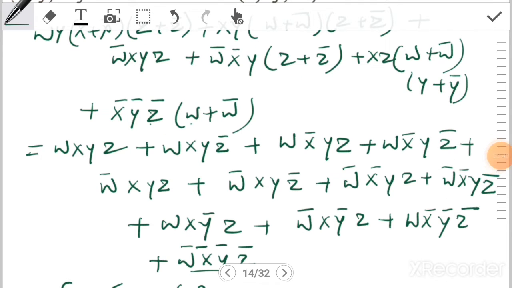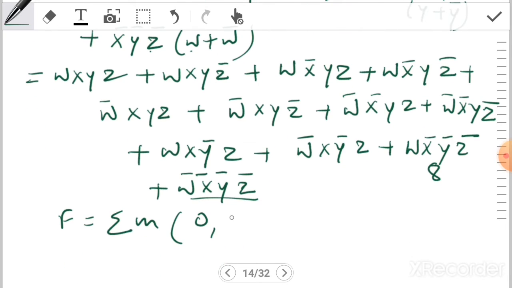Here it is z complement, so this is 8, this is 5, and this is 13, this is 2, this is 3, and this is 6.